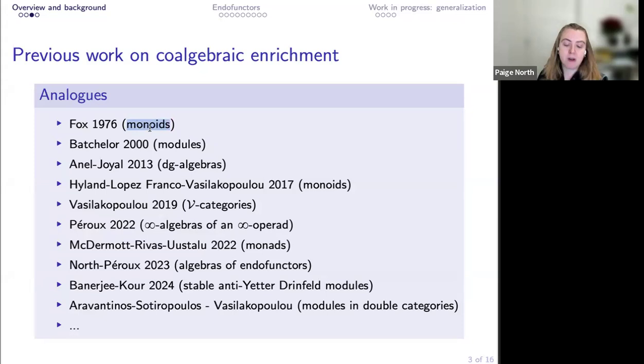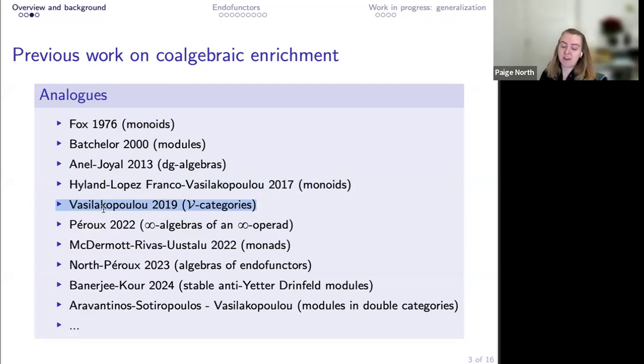People have shown that monoids are enriched in comonoids here, that modules over monads are enriched in comodules, that DG algebras are enriched in DG coalgebras. Here again, monoids enriched in comonoids. I think these people didn't know about this PhD thesis. Actually, I only heard about it recently. I think it was a bit lost to time, but they kind of generalize and specialize in different ways. So I wanted to list both of them.